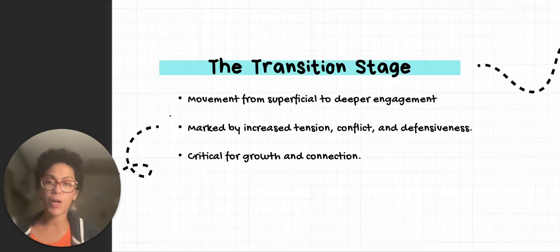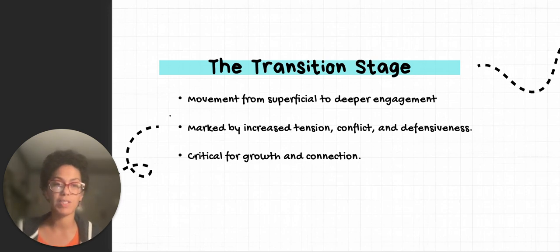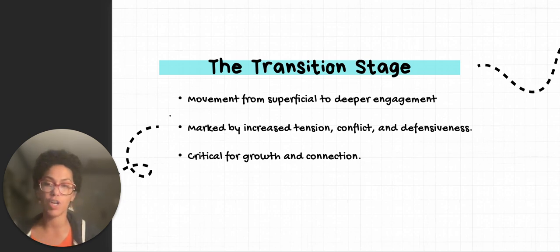So the transition stage that we're going to be talking about today is a critical point in the group process. This is where members begin to move from the initial awkwardness and tentative participation seen in the forming stage to a deeper engagement with each other. This stage is often marked by increased tension, conflict, and defensiveness as members begin to confront more difficult emotions and interpersonal dynamics.